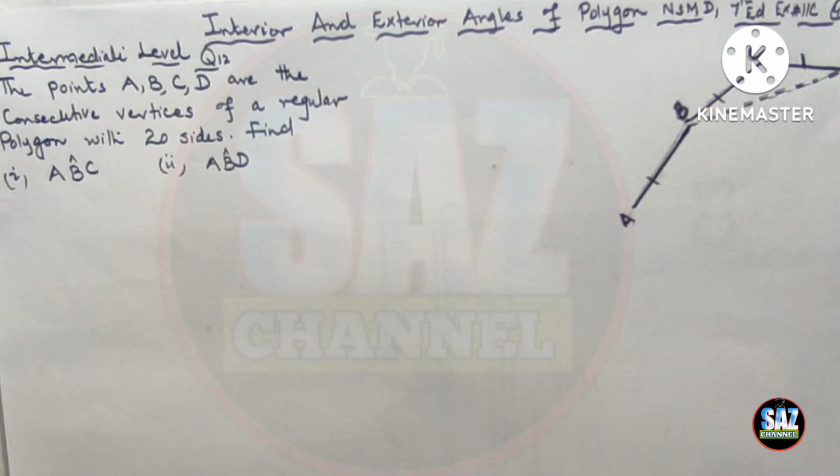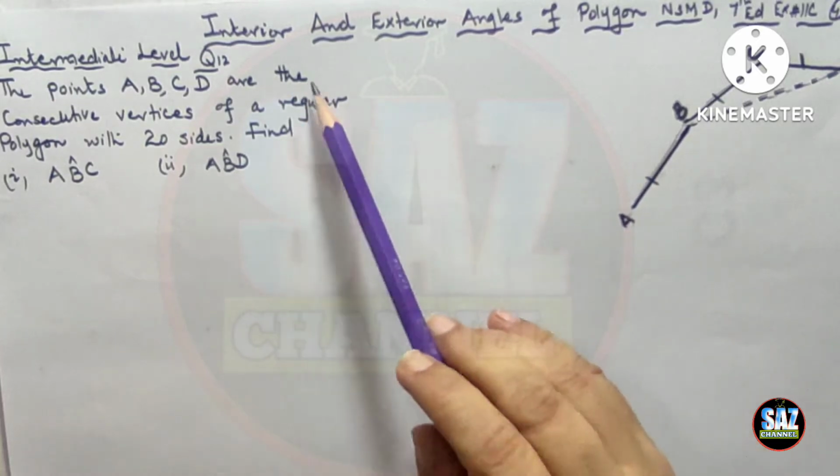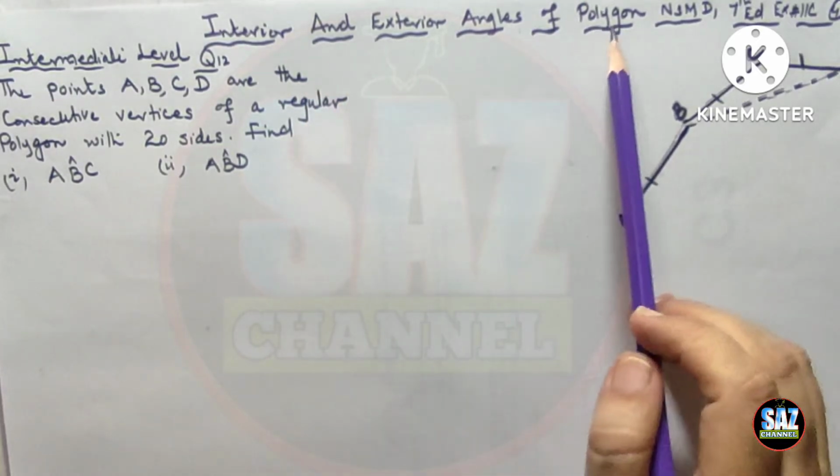So, I hope I've sent two lessons about this exercise in the previous week. You have watched those lessons, and you have practiced the concept well. So, let us move to today's class. The topic is interior, exterior angles and polygons.